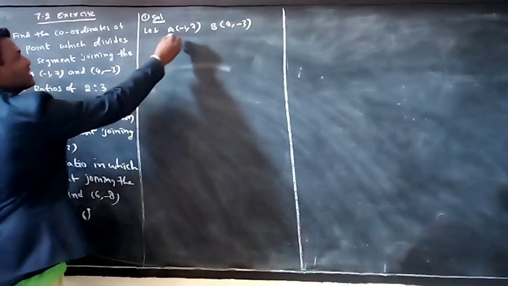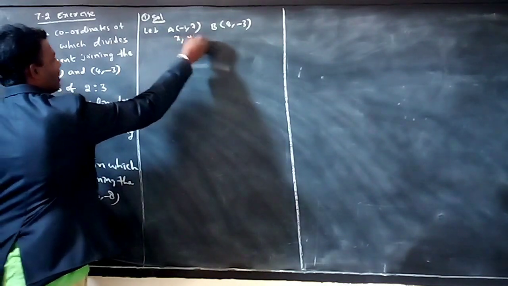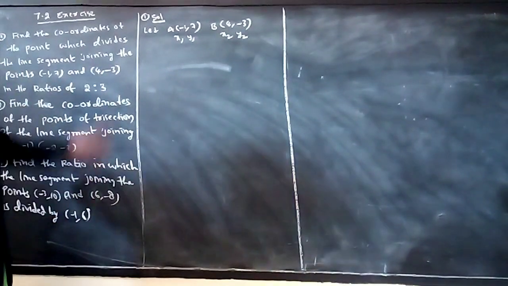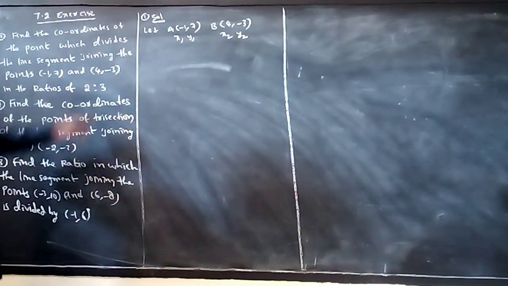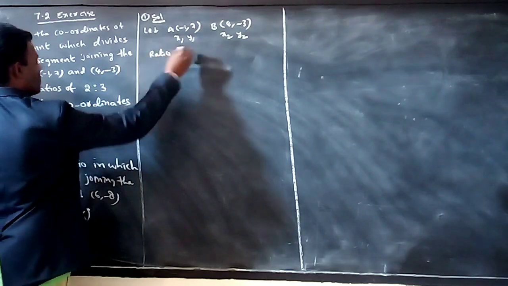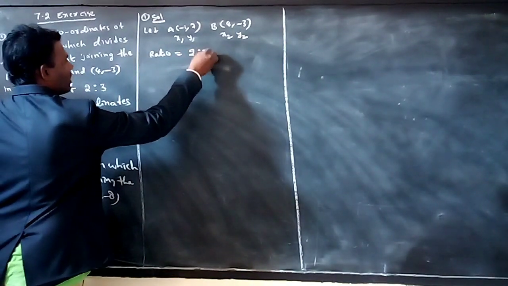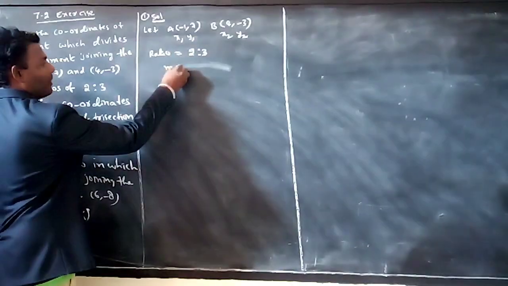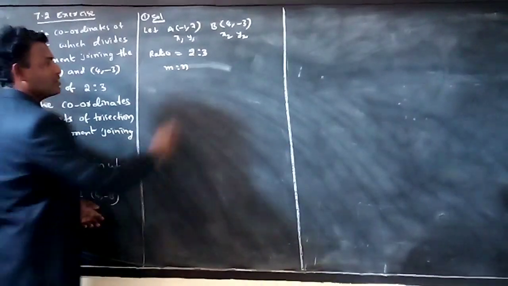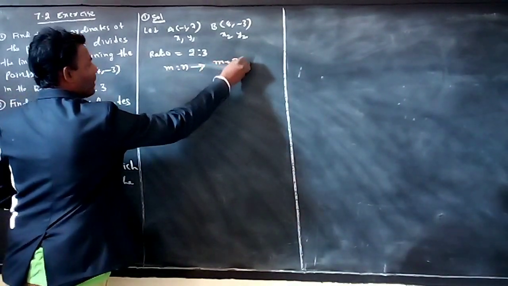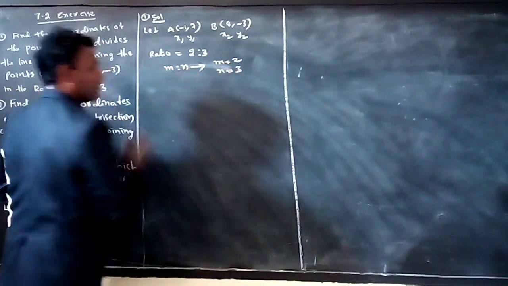I am taking these points as (x1, y1) and (x2, y2). In the question the ratio is also given. What is the ratio? 2:3. I am comparing with m is to n. So by comparing with m is to n, m is equal to 2 and n is equal to 3.